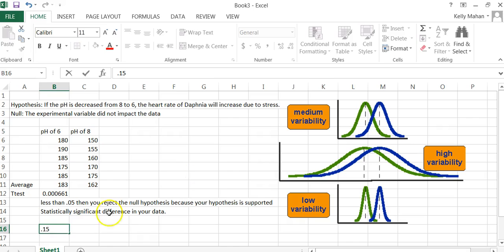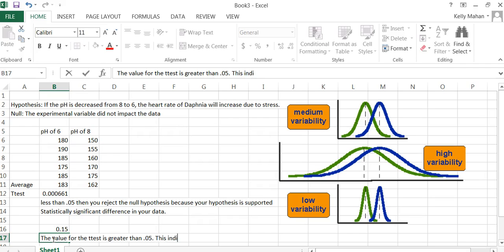So this would indicate that the value for the t-test is greater than 0.05.